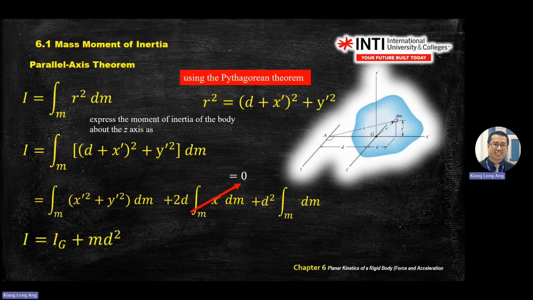So you simplify the equation. For chapter 6, the result is I equals Ig plus md squared.